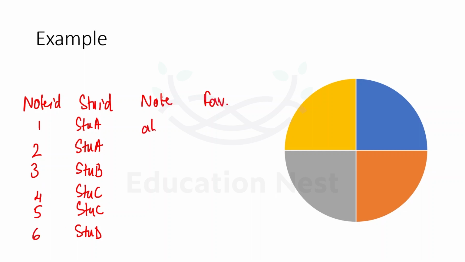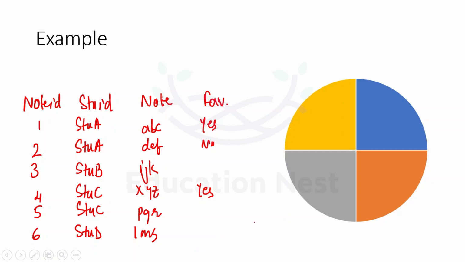And there are some notes, let's say A, B, C, D, E, F, I, J, K, X, Y, Z, P, Q, R, L, M, S. And favorite yes or no; I don't have any value in some. I have yes and the other two values are null, because this is a NoSQL database, I can keep these nulls.